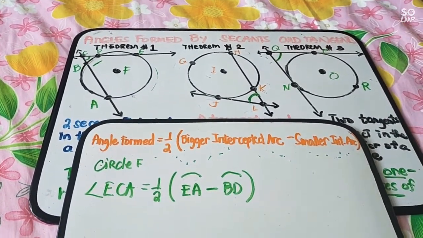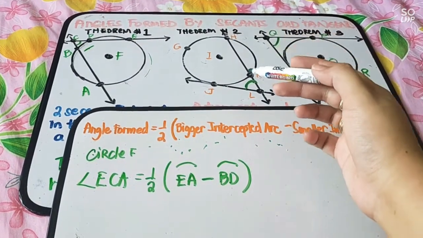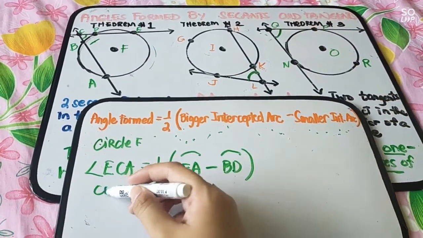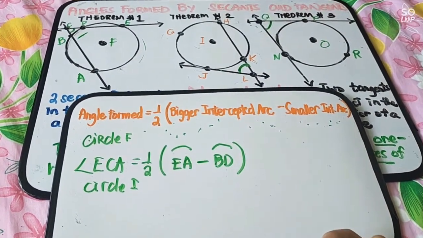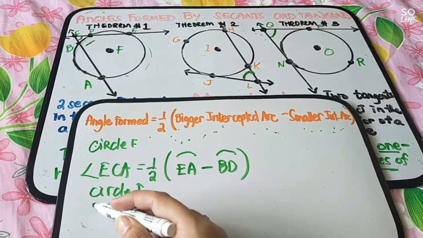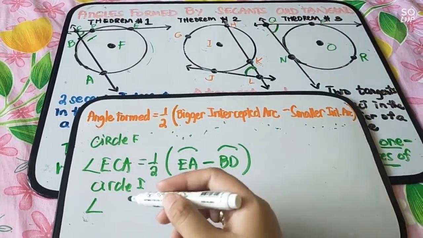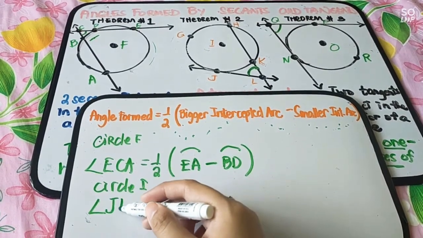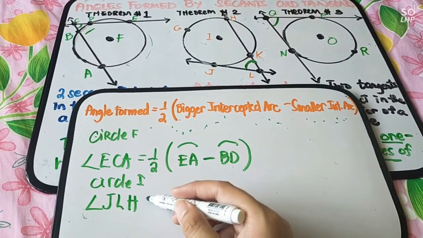Okay? Now, let's move with situation number 2. We have here circle I. Let's go to circle I. In circle I, the angle formed here is angle JLH. We have JLH. Angle L alone is also fine.